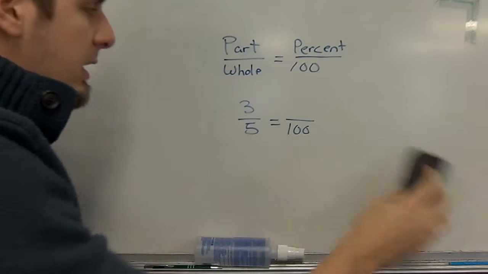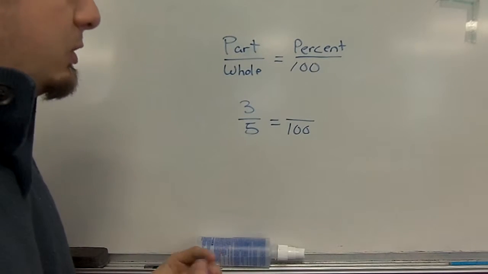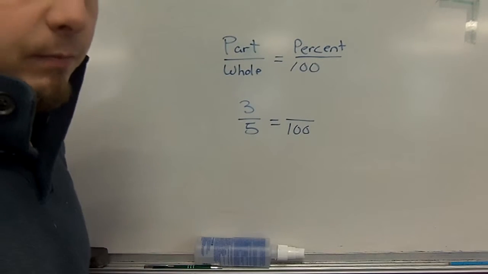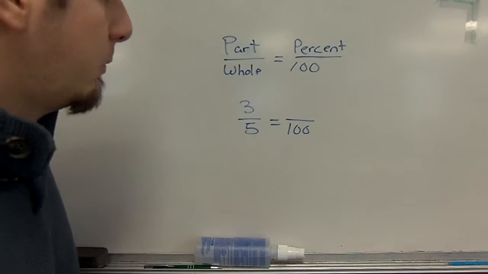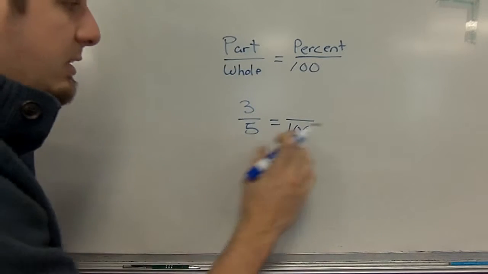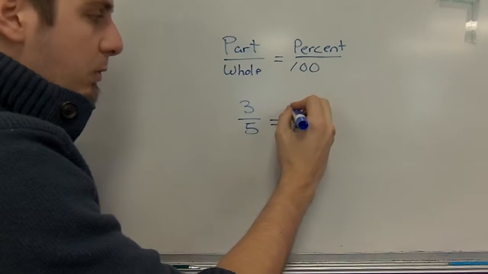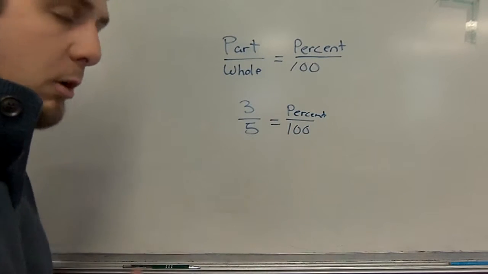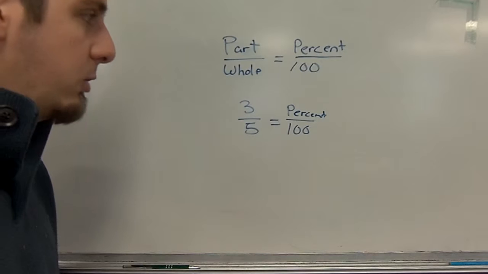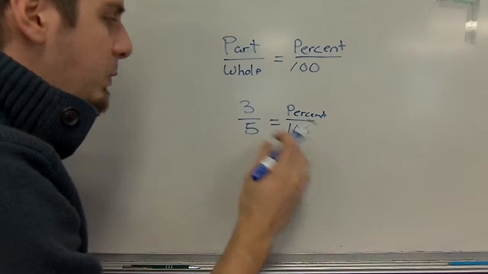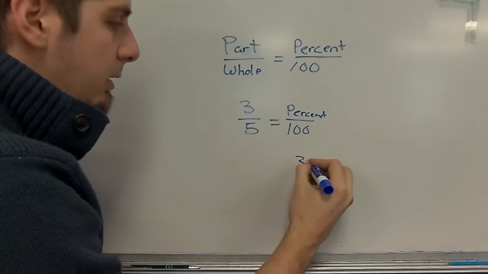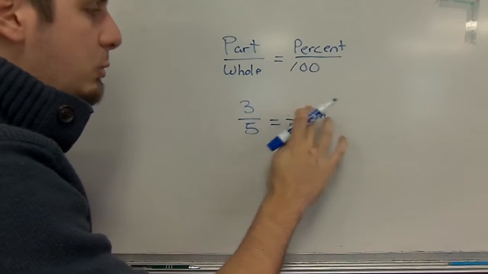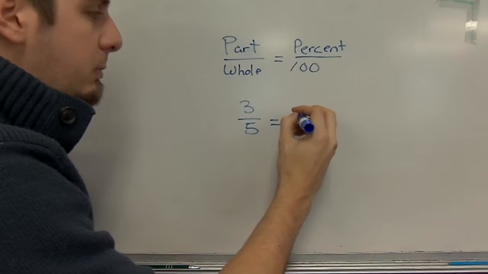So, how is this useful? Well, if you want to know what 3/5 is as a percentage, then since 3/5 and this percent over 100 are equivalent fractions, if you cross multiply, remember, the two answers you get are supposed to be equal.